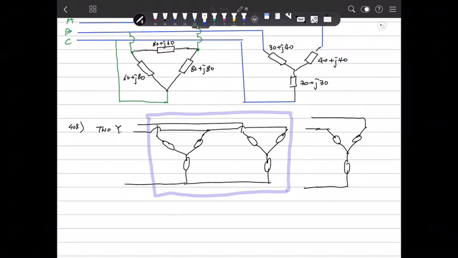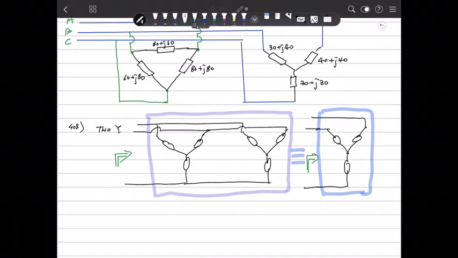What's the meaning of that? To do that, this and this are the same. What's the meaning of that? When we point, we need to see the equivalent of this and this. The impedance should be set.